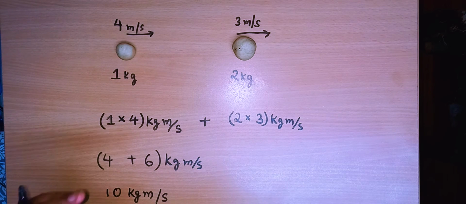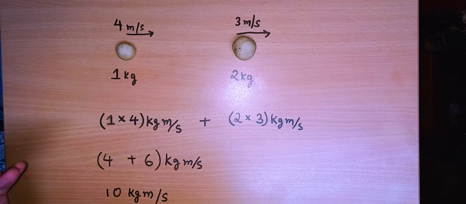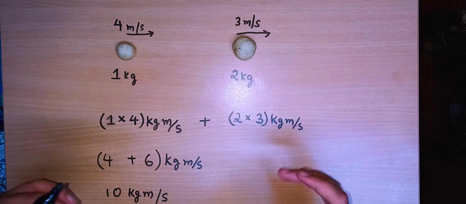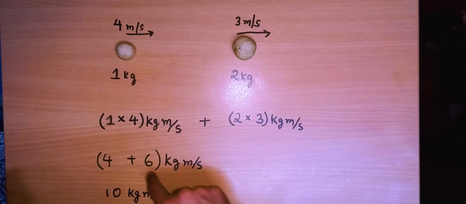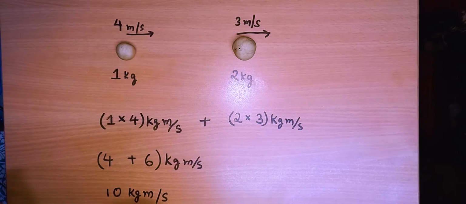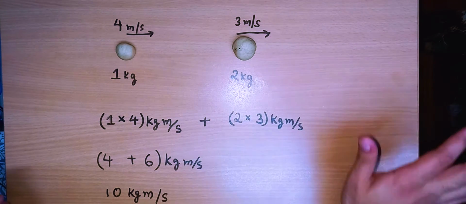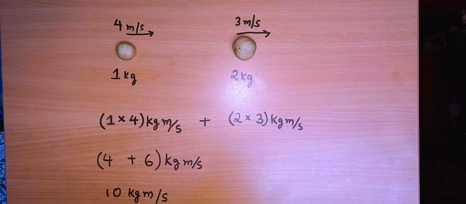By the law of conservation of momentum, whatever happens during the collision, after the collision the total momentum of the system should be 10 kg meter per second, because total momentum is conserved in any collision. Now let us collide the two balls and look at the total momentum after the collision.